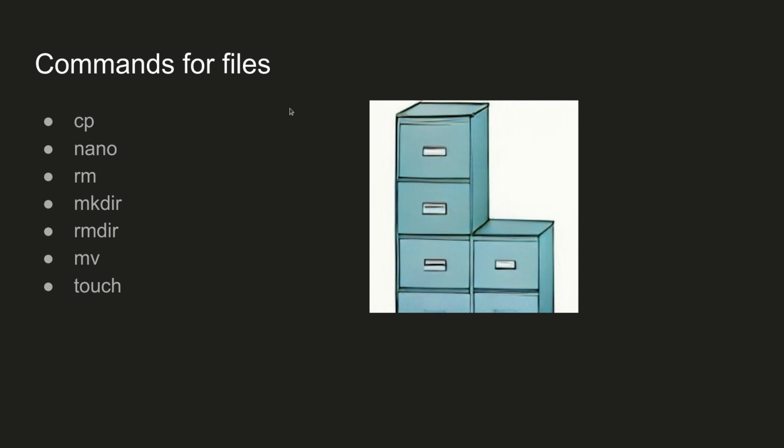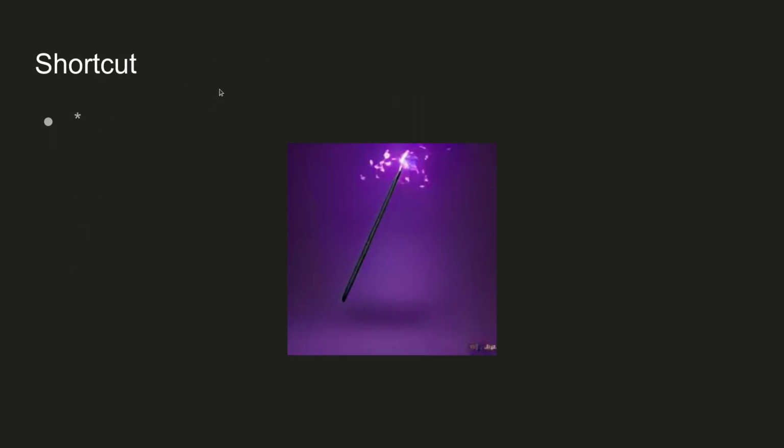I also kind of teased this asterisk shortcut for making it possible to reference multiple files at the same time, with catting file 1, 2, and 3 all at the same time. That's another magic thing that can come in very much in handy.